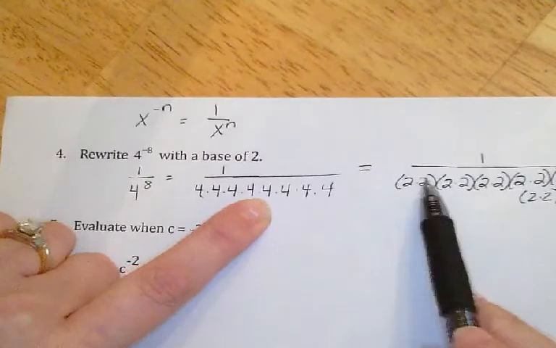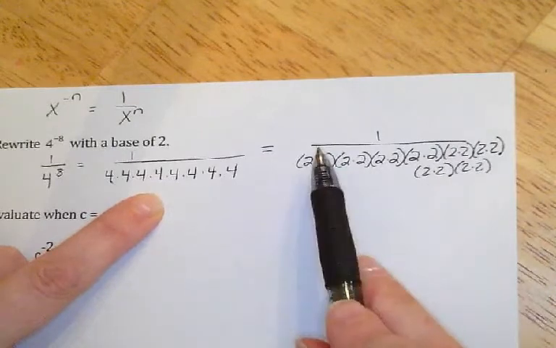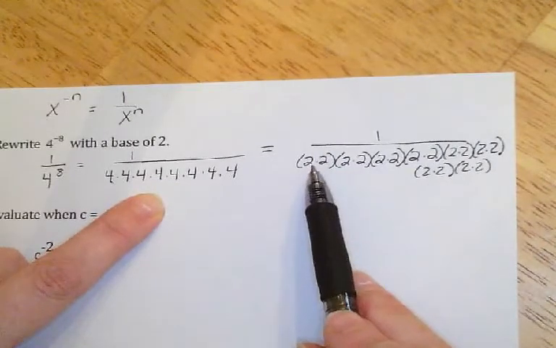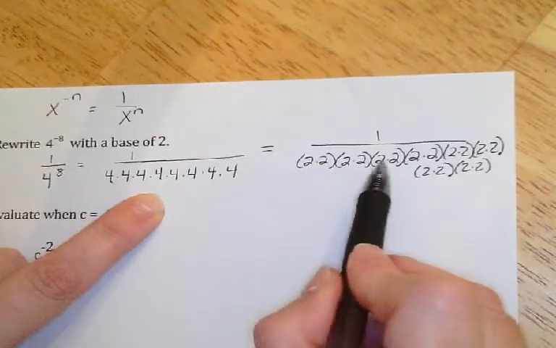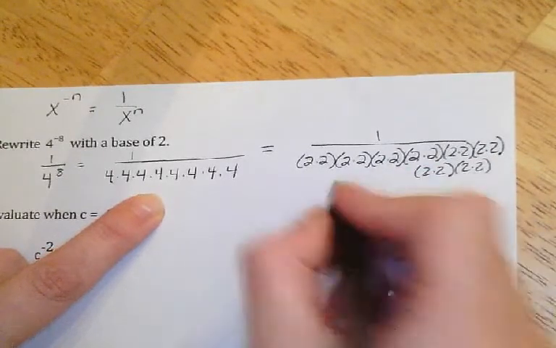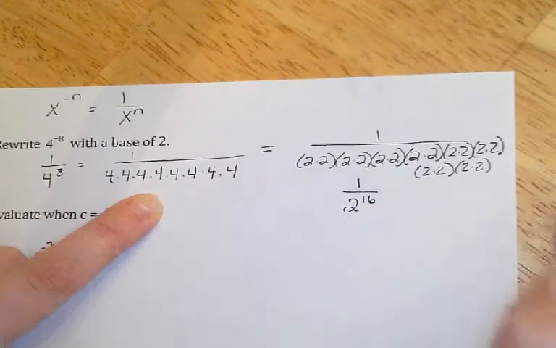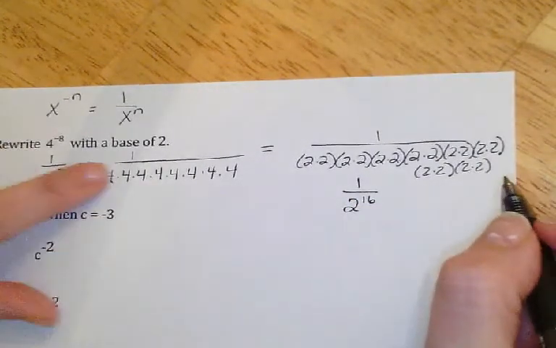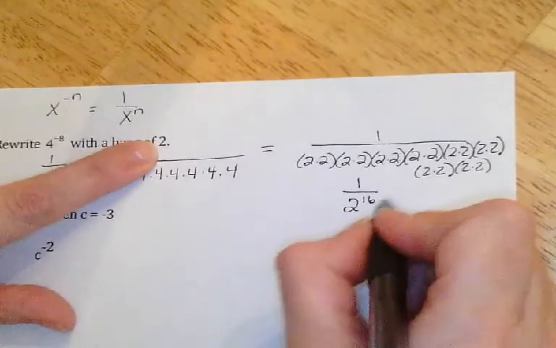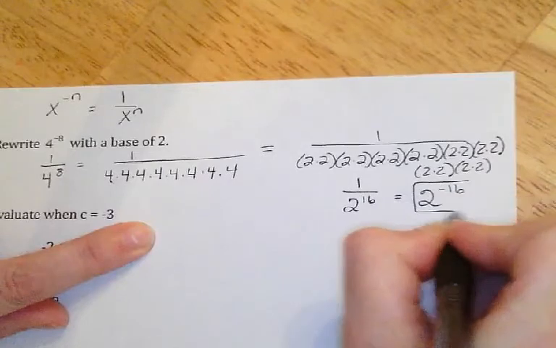Okay, now you have to count how many 2s do you see? How many 2s are all together? 1, 2, 3, 4, 5, 6, 7, 8, 9, 10, 11, 12, 13, 14, 15, 16. So it's 1 over 2 to the 16. But this is telling us to rewrite it with a base of 2. So I would go back and put this as 2 to the negative 16.